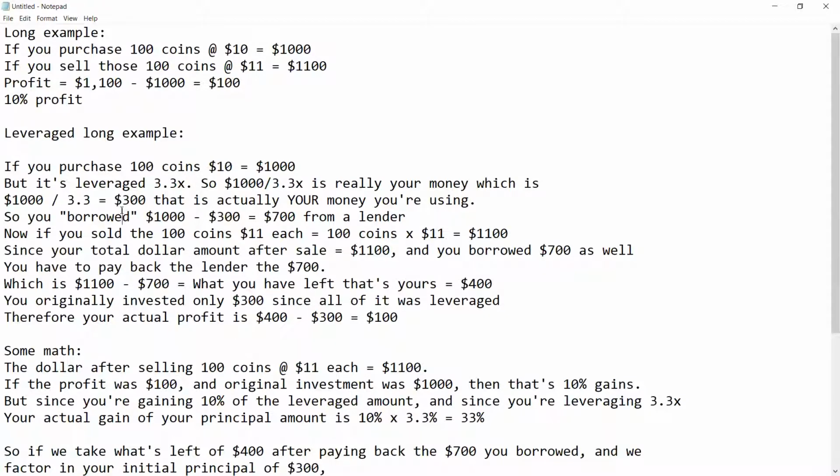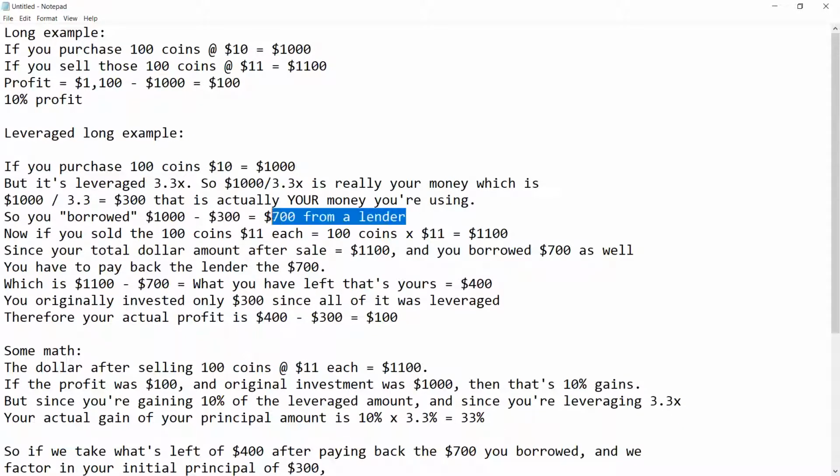So if you had a $300 balance only, you would be able to trade up to $1,000 worth because it's leveraged 3.3 times. So it means that you borrowed, okay guys, you borrowed $1,000 that you can play with minus what your principal is, minus 300.